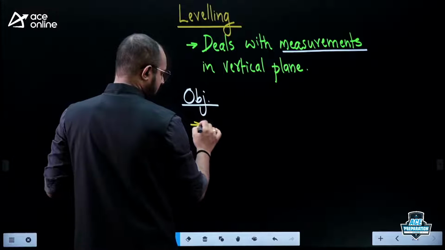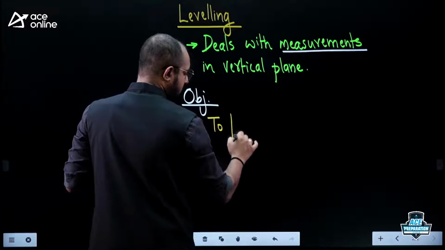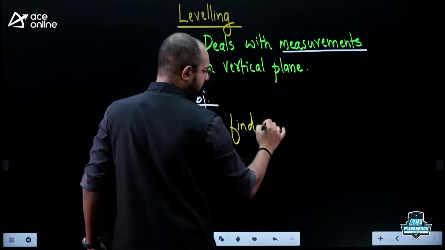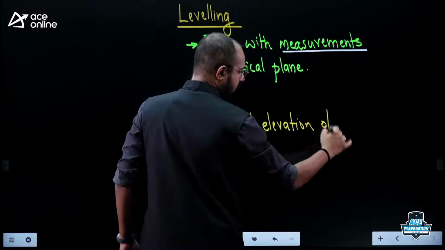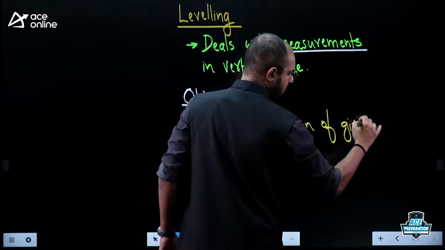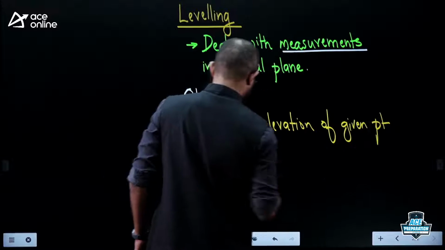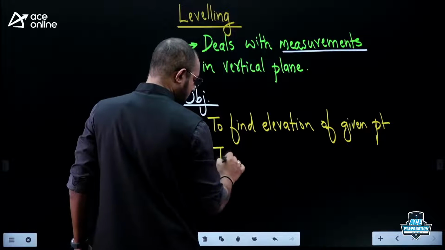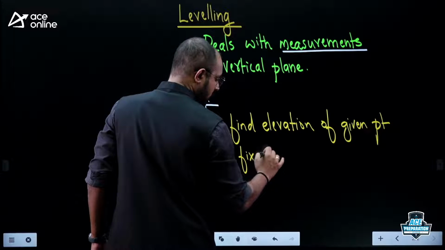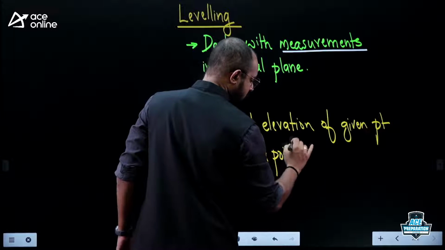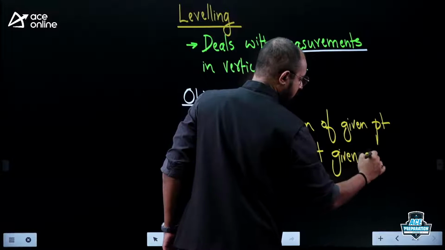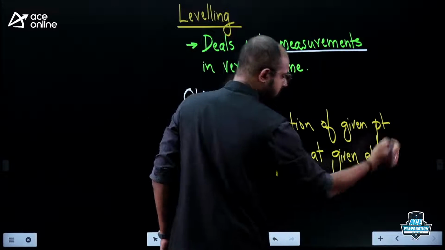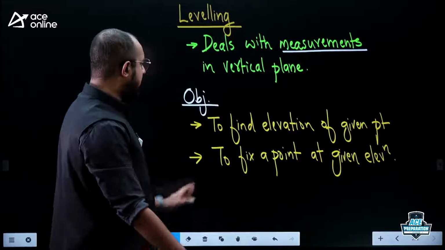Let me write them down: to find the elevation of a given point, and number two, just the opposite, to fix a point at a given elevation. These are the two objectives of leveling.